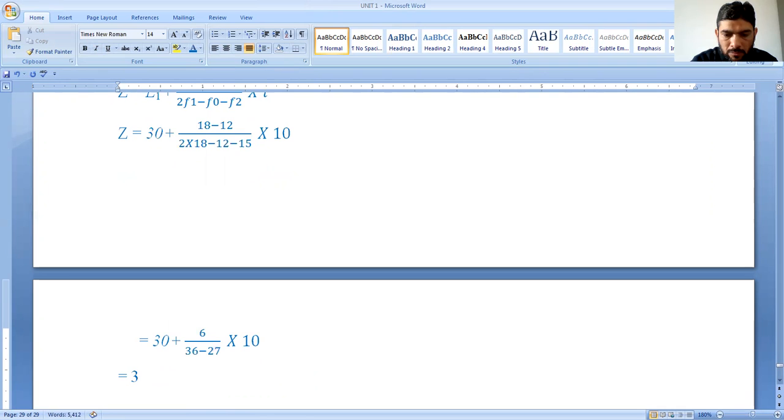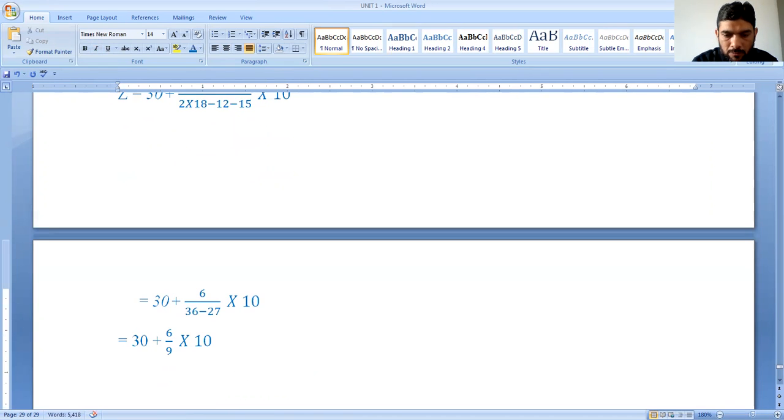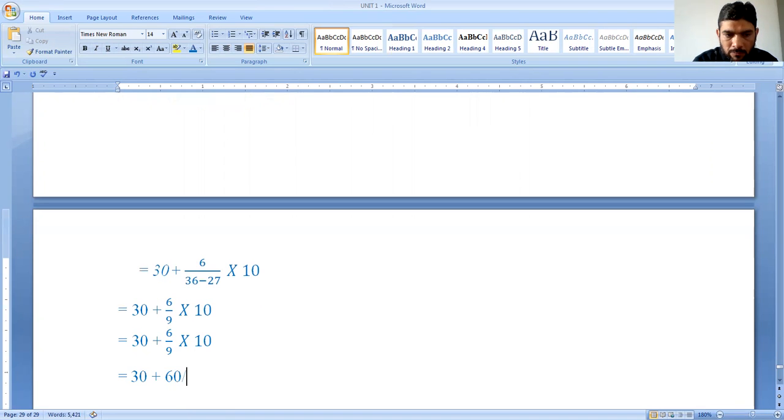So 30 plus 6 divided by 36 minus 27, that will be 9. 6 divided by 9 into 10, it will be 30 plus 60 divided by 9.